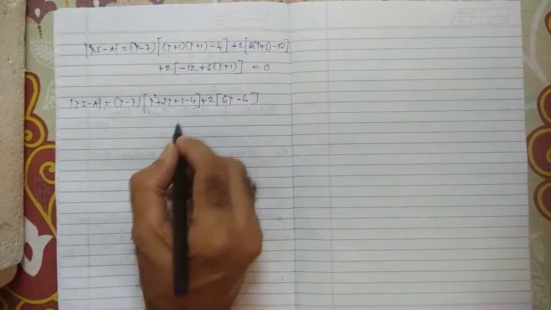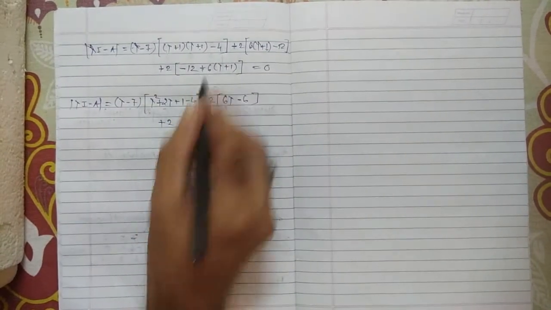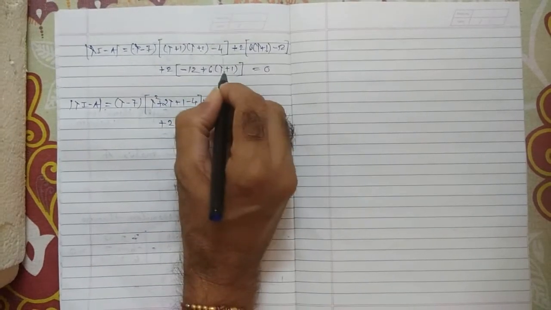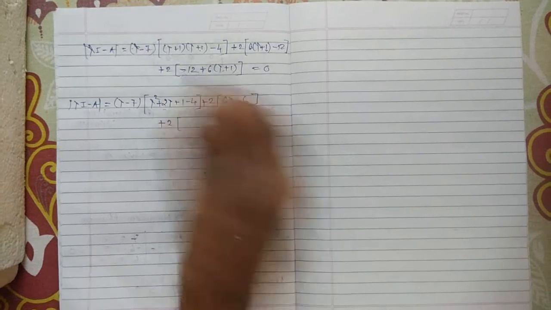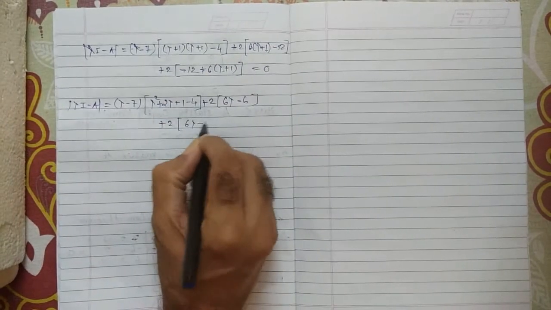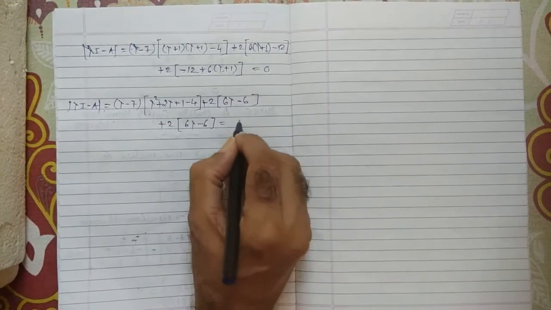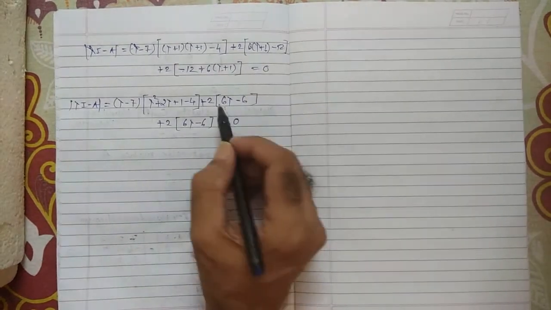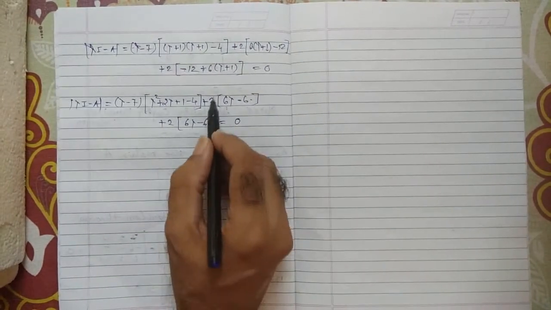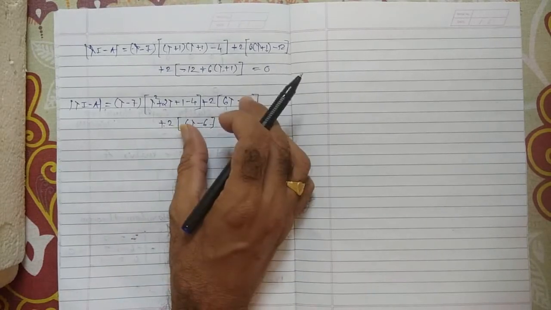And here plus 2, and the 6 into lambda plus 1 gives 6 lambda plus 6 minus 12. So again 6 lambda minus 6, equal to 0. So these are two similar terms.